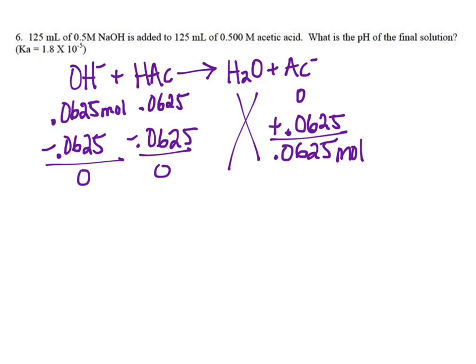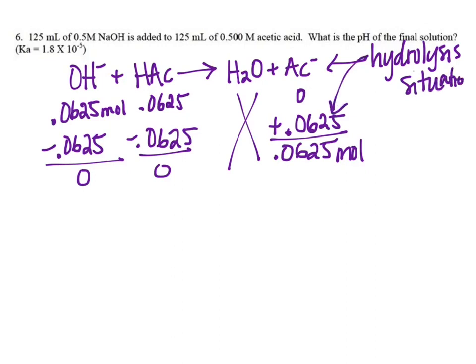Acetate. So if we're left with an acetate ion, we are left in a hydrolysis situation. So when it's a hydrolysis situation, let's turn this to molarity. So we're going to divide it by how many liters total.